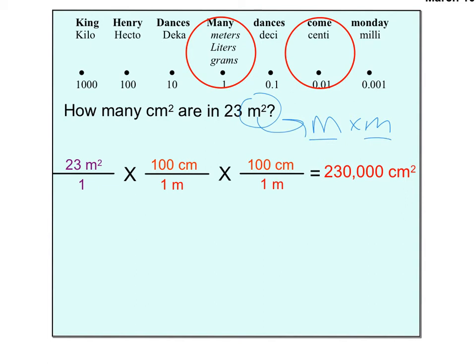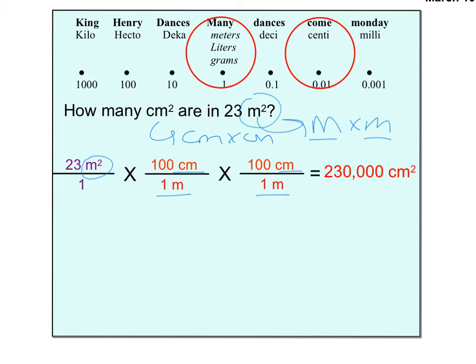So if you have meters squared on the bottom, in order to fully cancel that out, you need to have meters on the bottom twice. And then if you're looking for centimeters squared, which is technically centimeters times centimeters, you need centimeters on the top twice.